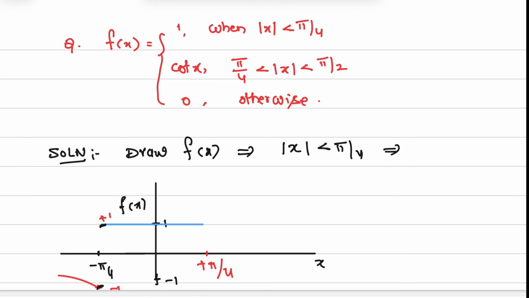And after plus pi by 4, it is cot x up to pi by 2. Less than pi by 2 means approximately. It is cot x.